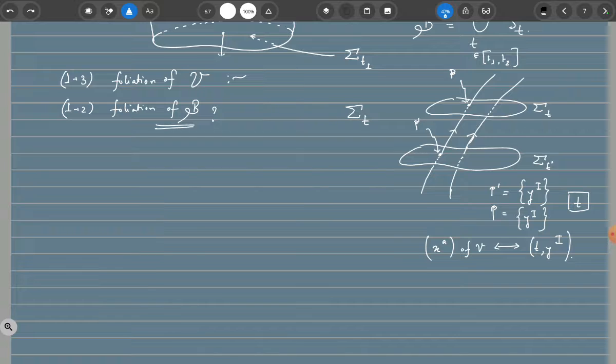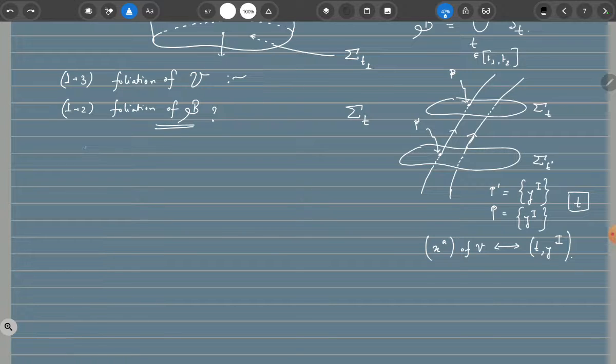Okay, this being done, now what we'll do is construct a 1+2 foliation of this curved surface B. So what exactly is this curved surface B?